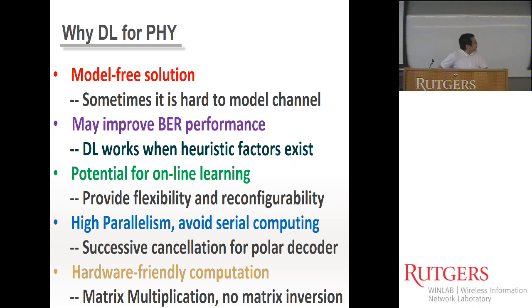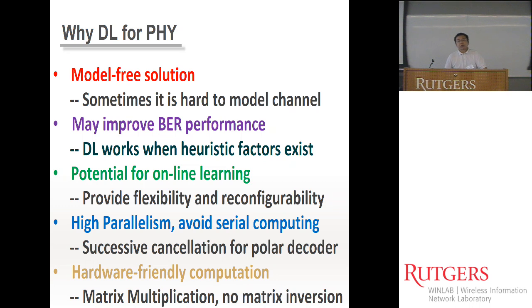The second potential benefit is that in some cases, it may improve the BER performance. For example, for channel decoding in practice, when we want to design an LDPC decoder, for some product decoders we need to introduce heuristic factors, like scaling factors.